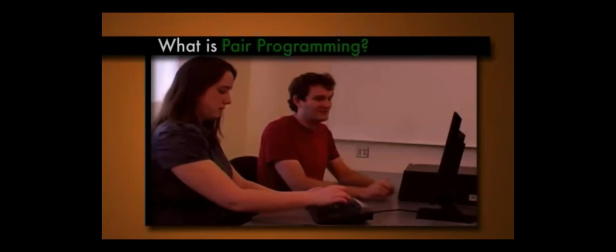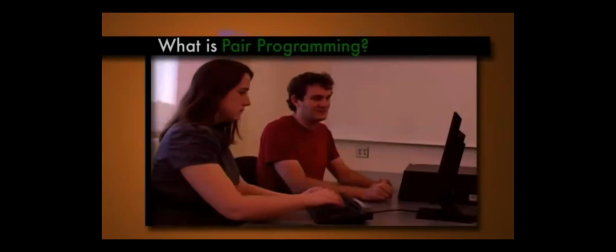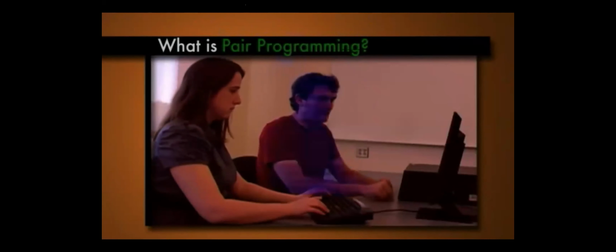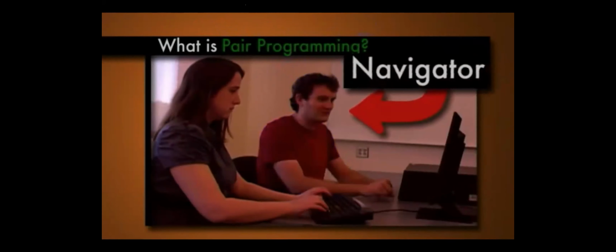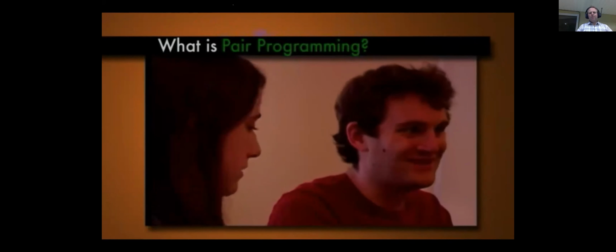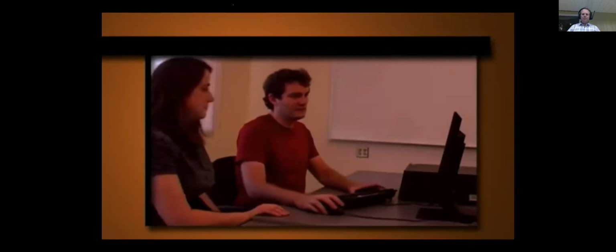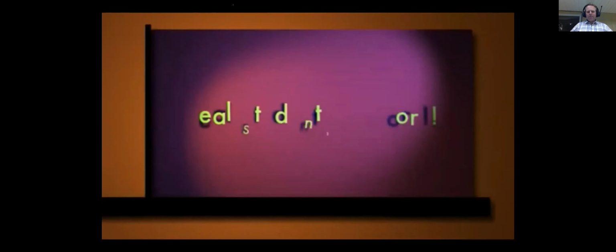The pair is made up of a driver, who actively types at the computer or records a design, and a navigator, who watches the work of the driver and identifies problems, asks clarifying questions, and makes suggestions. Switch roles from time to time to share the work evenly and get the most out of your pair programming experience. You'll hear effective pairs constantly chatting as they jointly decide how to tackle the task at hand.